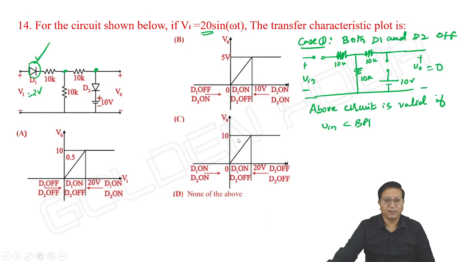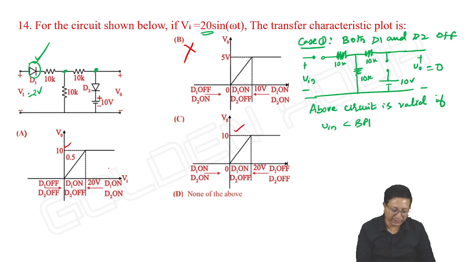So looking at the options, option B is out. Coming to A and C, output maximum is 10 and breakpoint is also 20. Initially both diodes D1, D2 off.